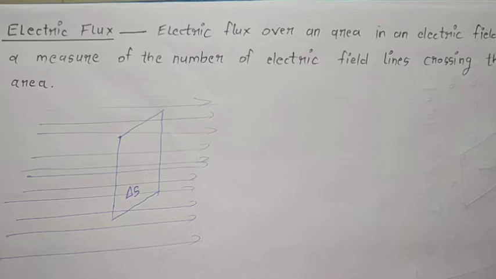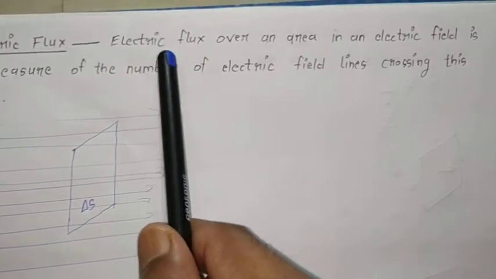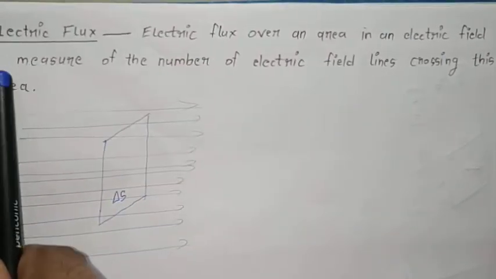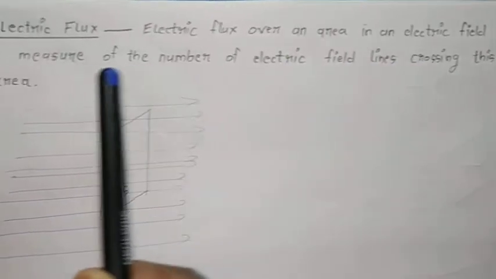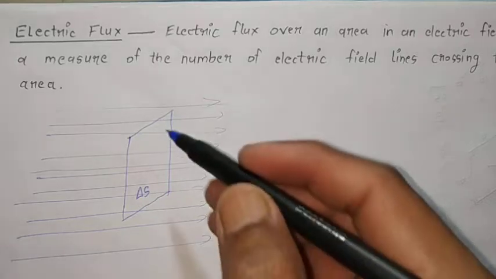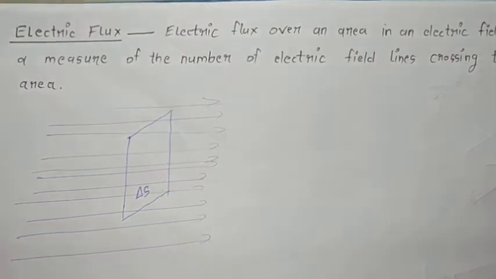These field lines are all parallel, so it is a uniform electric field. Now what is electric flux? Electric flux over an area in an electric field is a measure of the number of electric field lines crossing this area. So we will calculate the number of electric field lines: 3, 4, 5, 6, 7, 8.